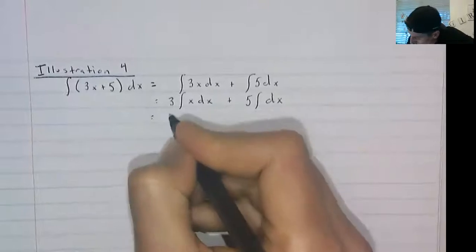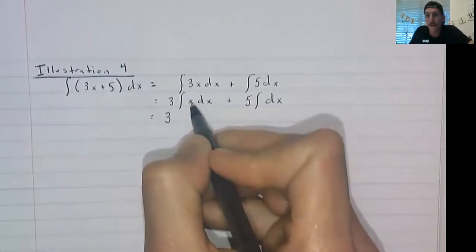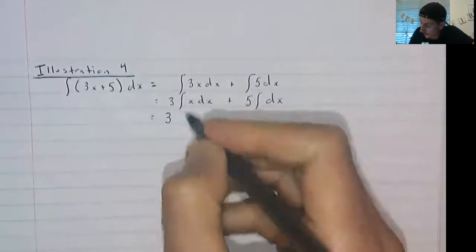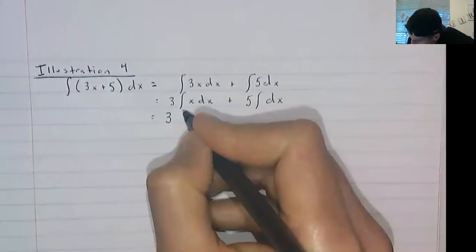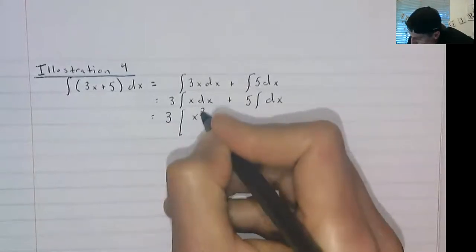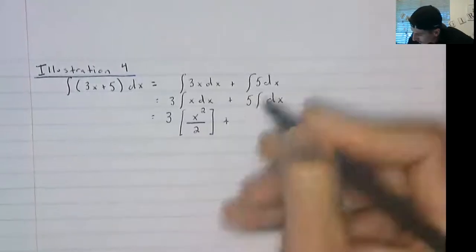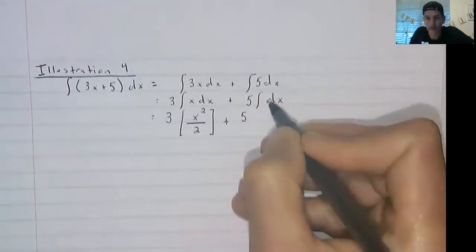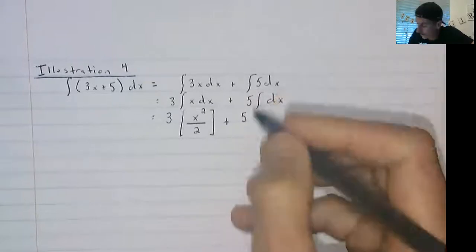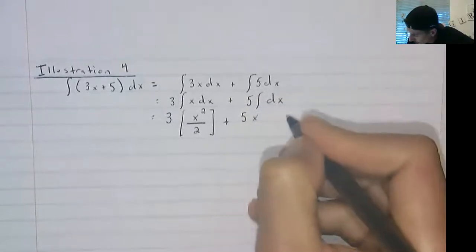So this is going to be 3 times, if we want the derivative to be x, what we'll be looking for is x squared over 2. And then the antiderivative of 1 is just x. All of this plus c.